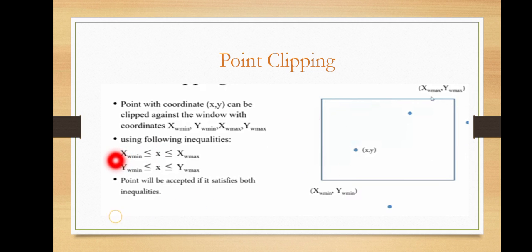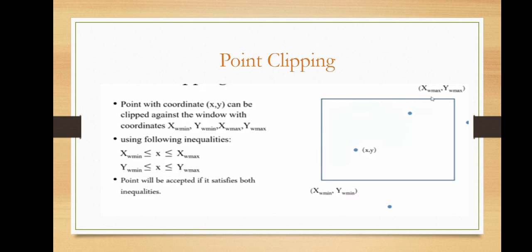The point will be inside the window if xw min is less than or equal to x, and x is less than or equal to xw max, and yw min is less than or equal to y, and y is less than or equal to yw max. Then and only then will that point be inside the window.